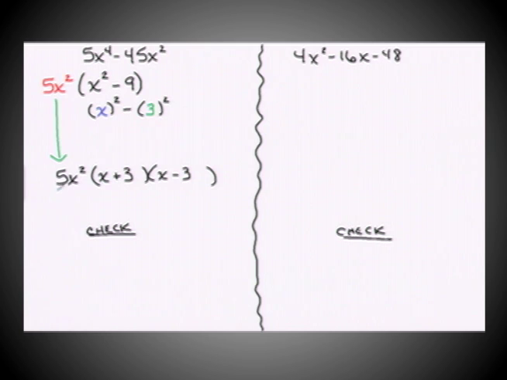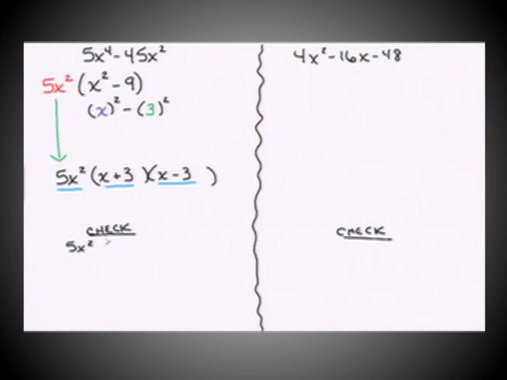So we have 5 and x squared, which cannot be factored further. x plus 3 has no GCF in both terms. And x minus 3 does not have a GCF for both terms either. So it appears we have it in our final form here, but we just want to check and make sure.